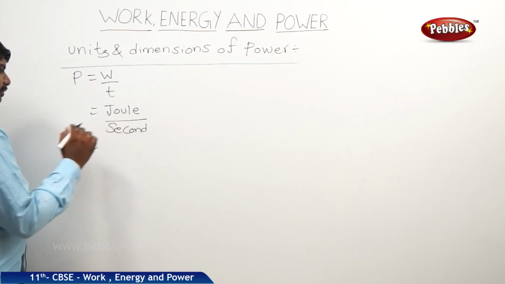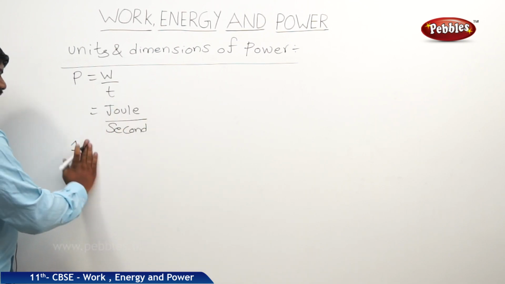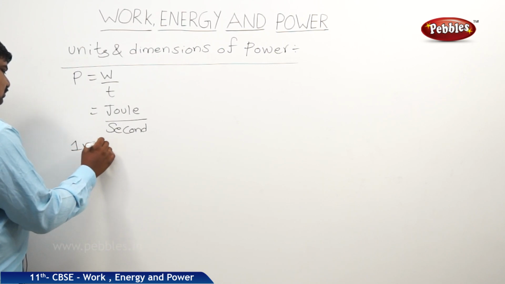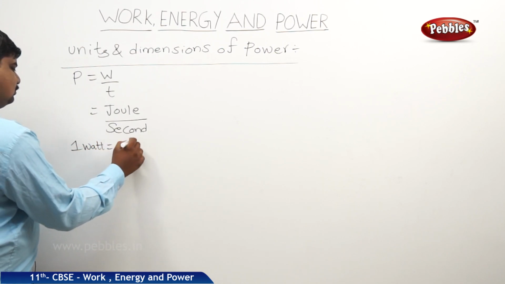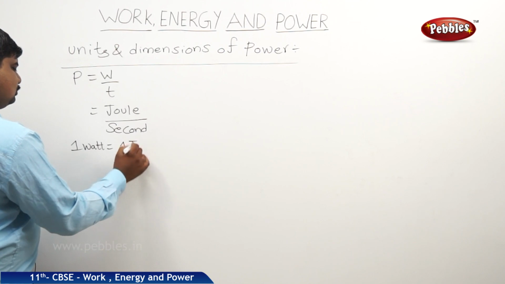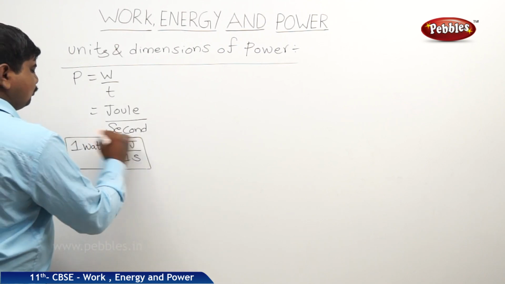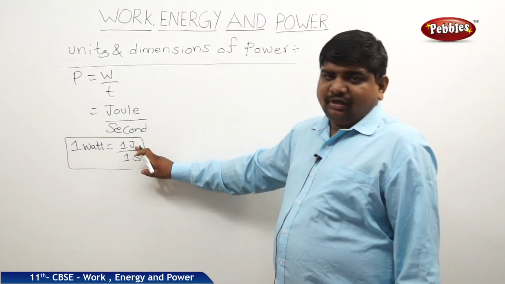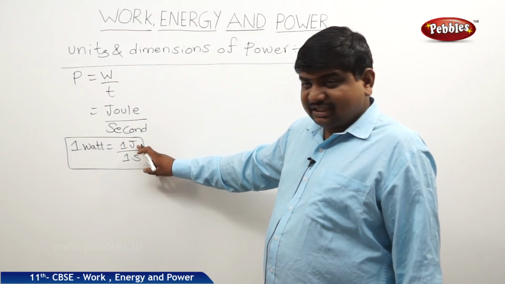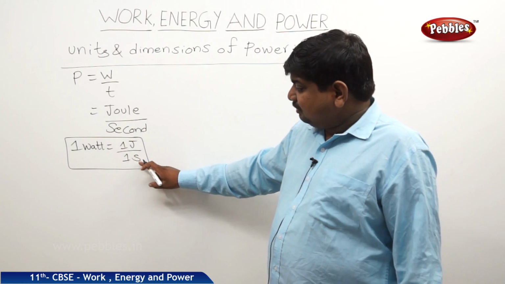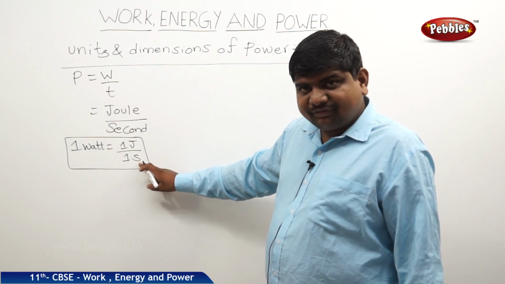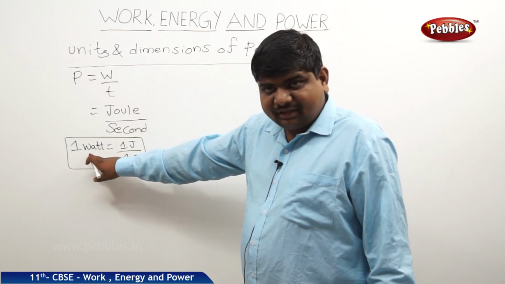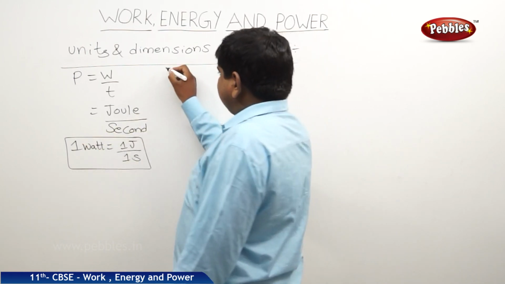But 1 joule per 1 second is 1 watt. So the SI unit of power is 1 watt. Watt may be defined like this: if 1 joule of work is done in 1 second of time, then the power of the object or the machine is 1 watt.